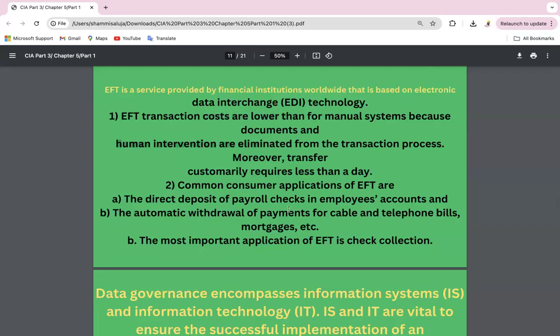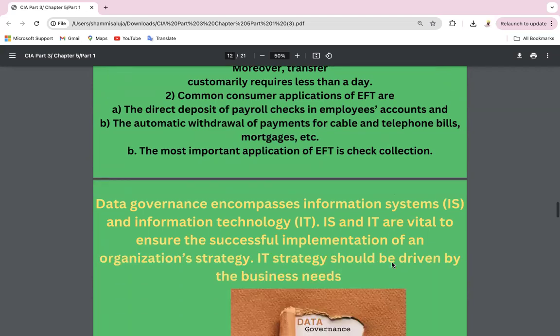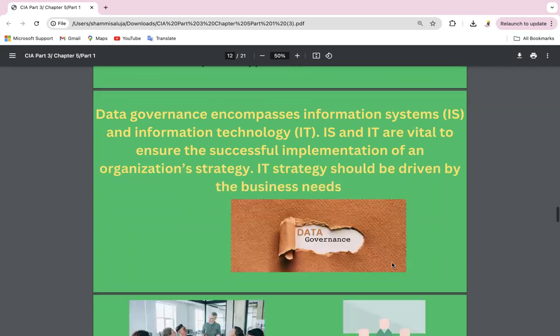You can simply, by using certain applications, transfer the funds electronically. For example, direct deposit of payroll checks in the employees' accounts, automatic withdrawal of payments for paying your utility bills, and check collection. These are a few of the instances of electronic fund transfer, because of which our life has been made easy.